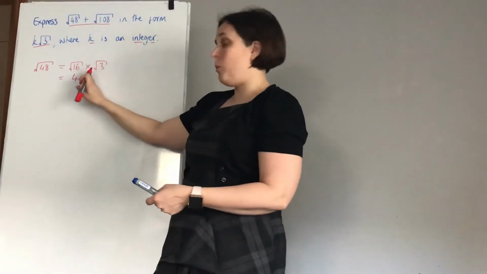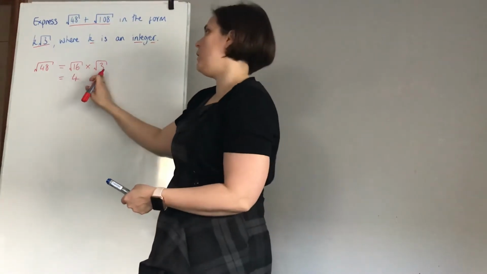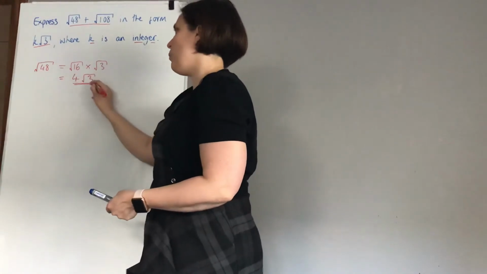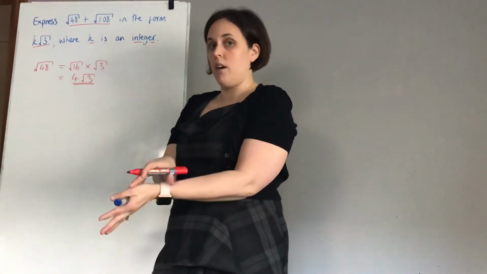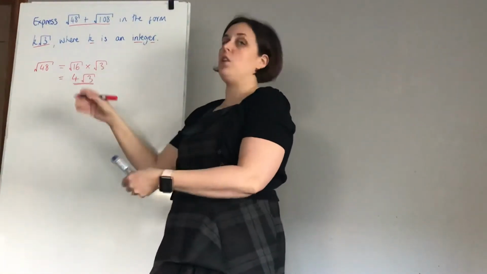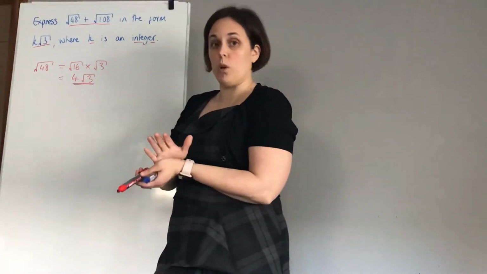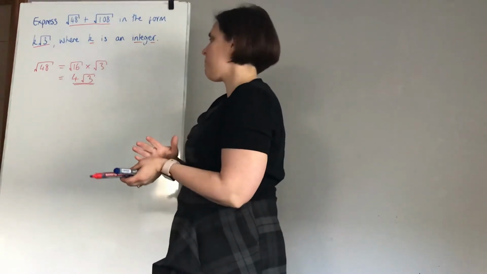Just like with algebra, we don't need to write our times sign, and we can just write 4 root 3. When you're practicing these, your calculator will do that for you so you can check you've got the right answer. But as I'm sure you can guess, this question will come up on the non-calculator paper.